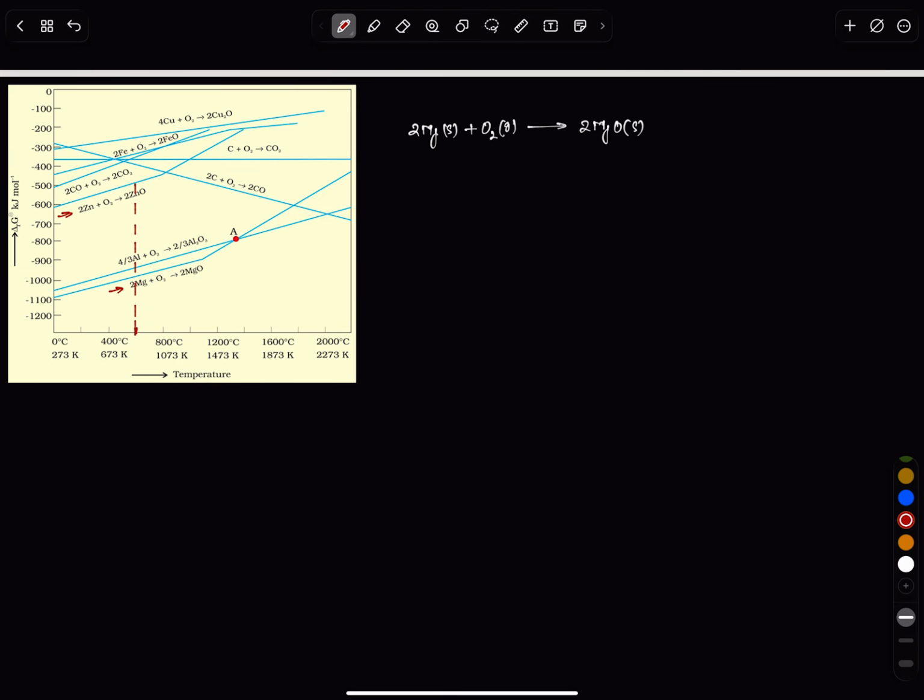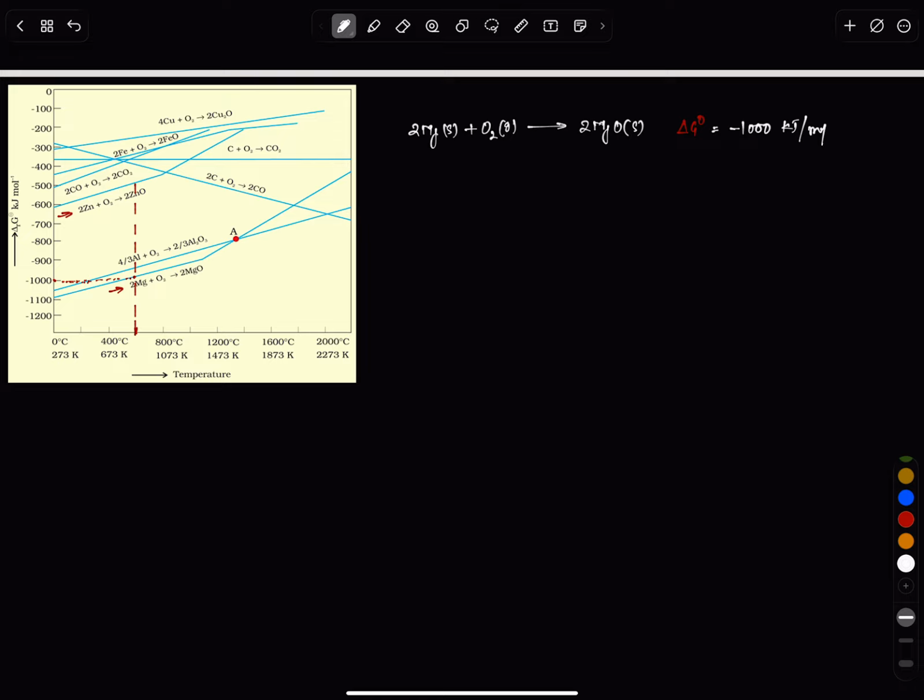At this temperature, for this reaction, delta G naught is around minus 1000 kilojoule per mole of oxygen.